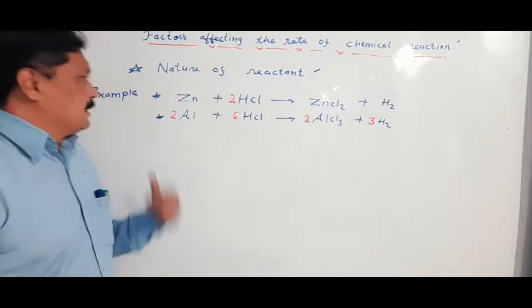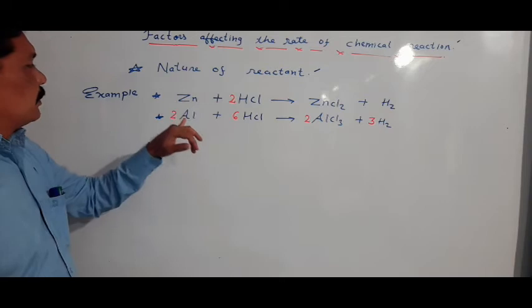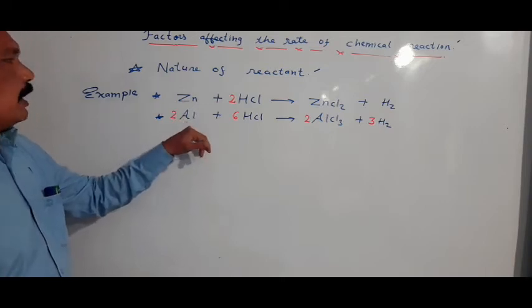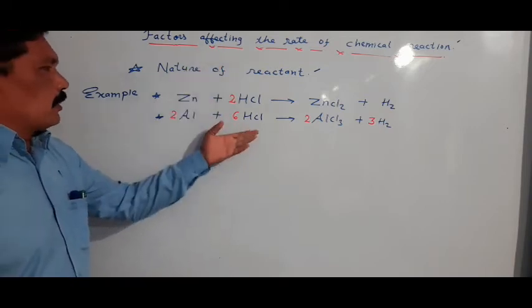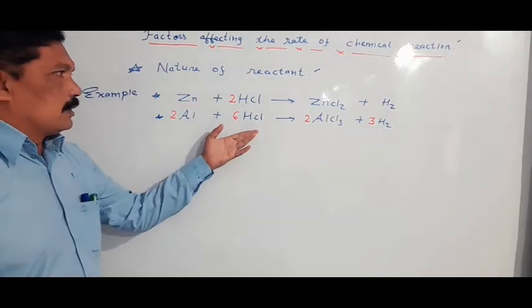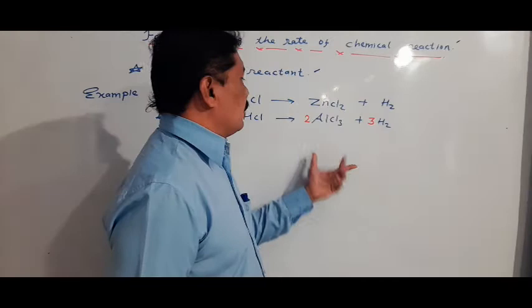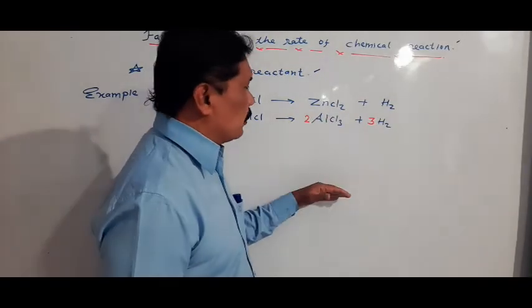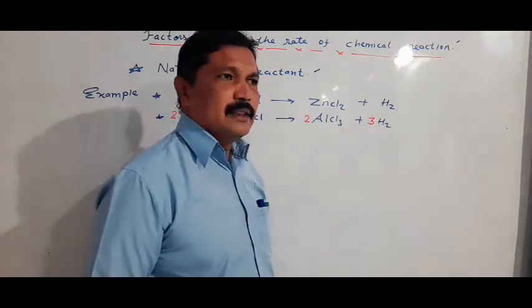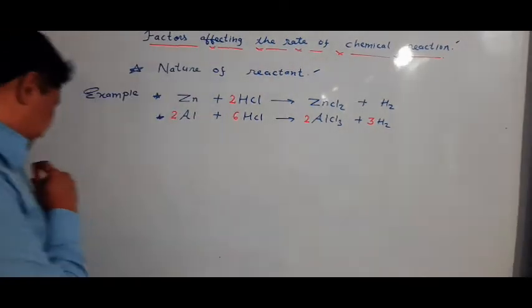In both the reactions, my dear student, we will see that zinc and aluminum react with hydrochloric acid to give zinc chloride and aluminum chloride respectively, and hydrogen gas is given out.